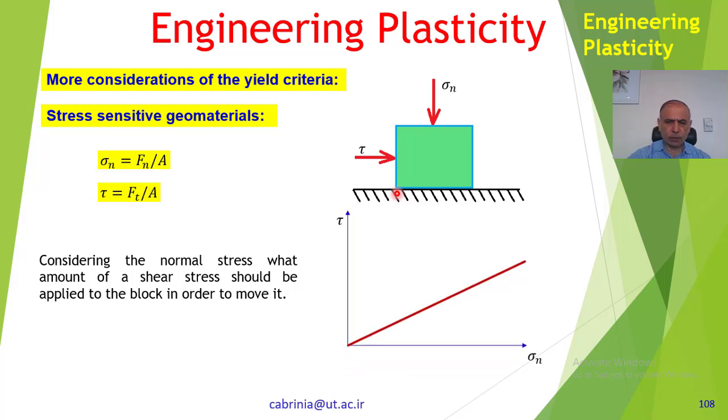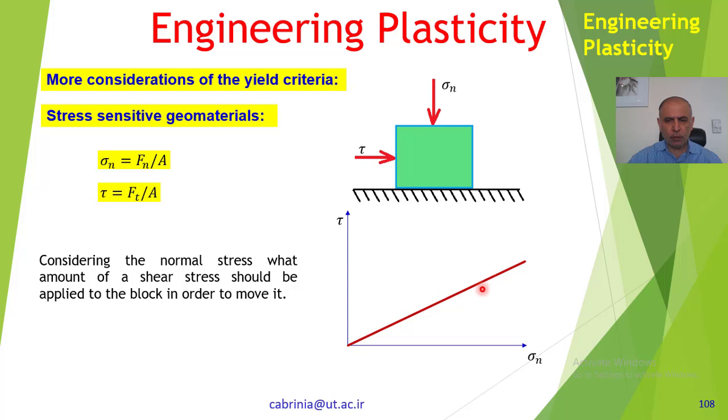Obviously, as we increase sigma n, tau increases. So we have a relationship between tau and sigma n. This also depends on the friction, the coefficient of friction between the block and the surface. I should mention here that the slope of this curve depends on the friction on this surface.